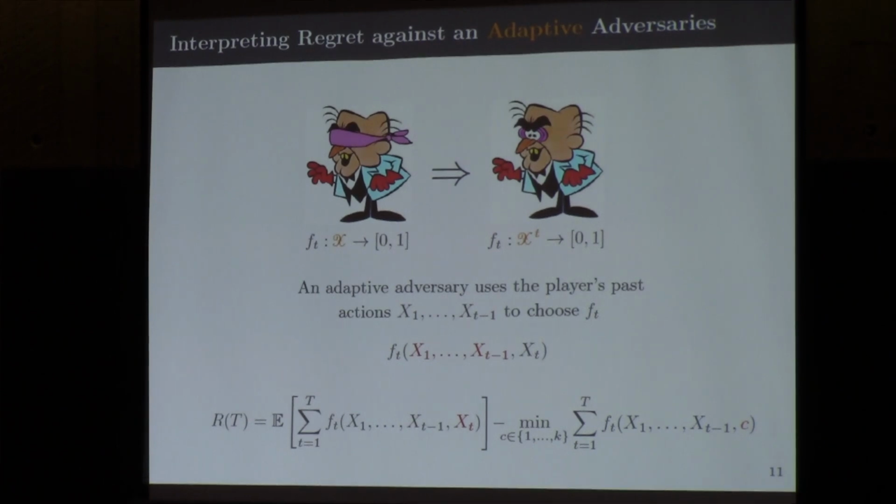Okay. Now, we argued some time back, and we were the first ones to realize this, that there's a deficiency in trying to understand learning against adaptive adversaries using the notion of regret. Right?